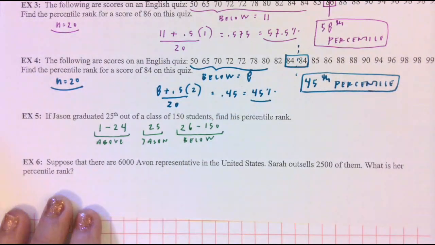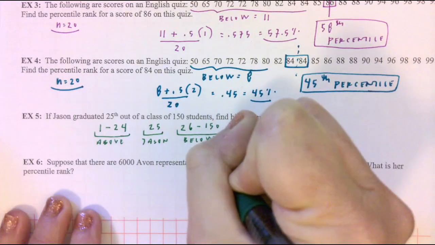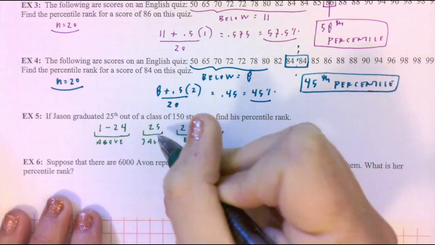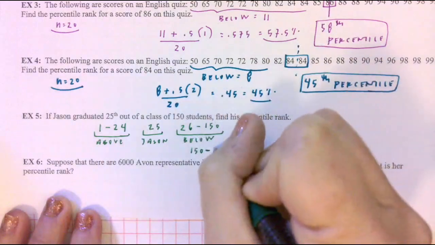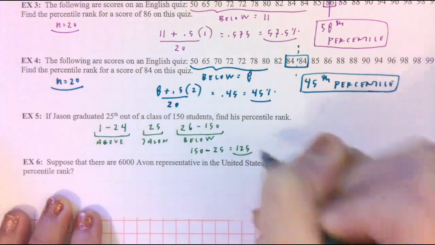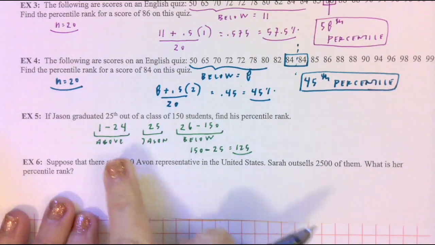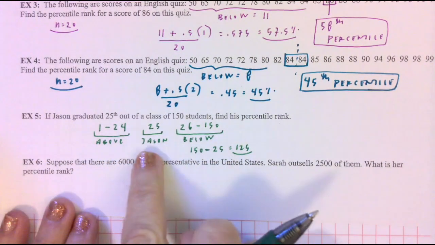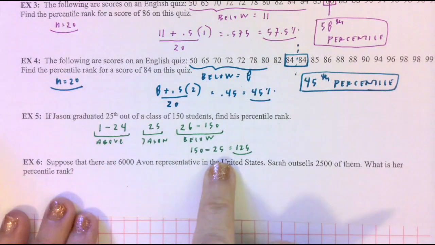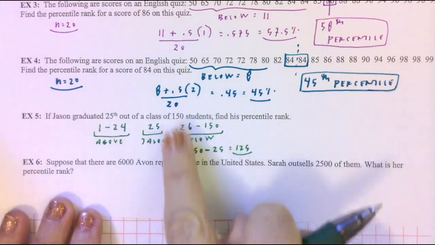Okay, so how many are below him? If I take that 150 and I subtract Jason and everyone above him, subtract the 25, there's 125 students who are below. So 150 minus those 25 students, we have 125 who are below.